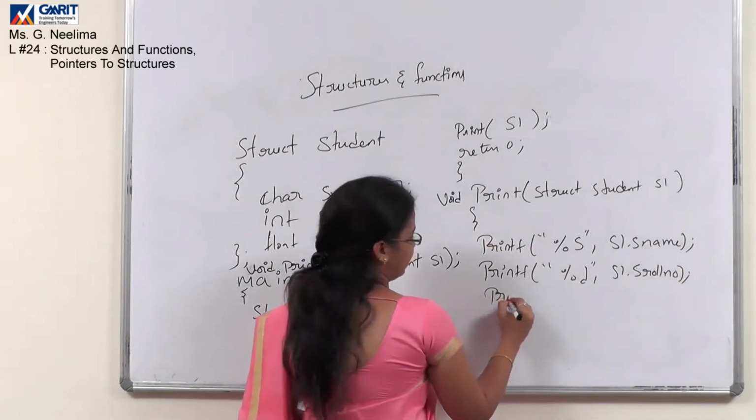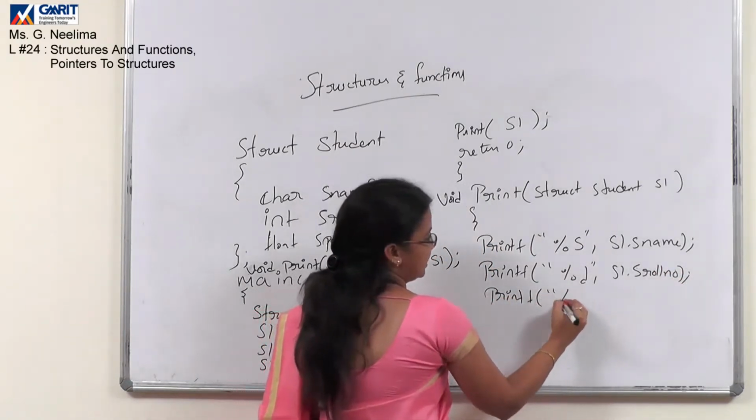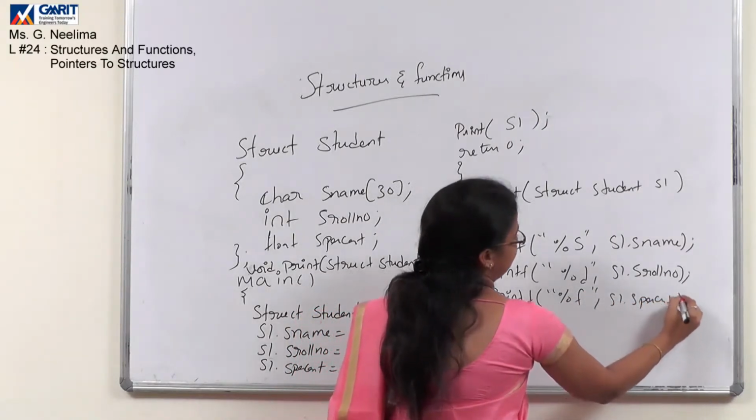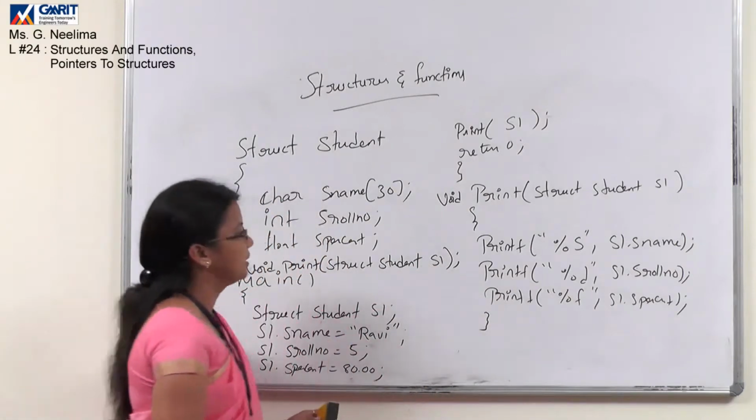And next printf %f s1.s_percent. Like this I have printed the values.